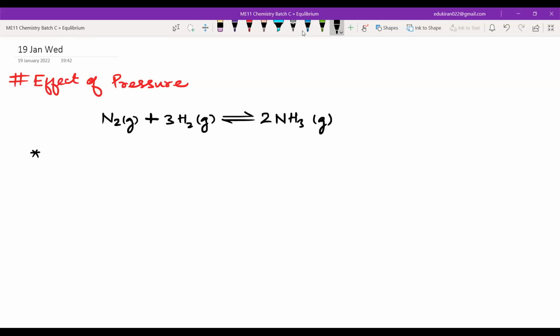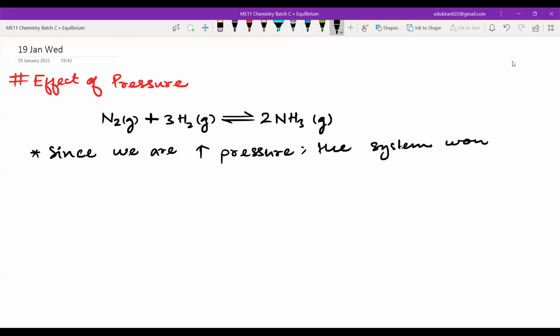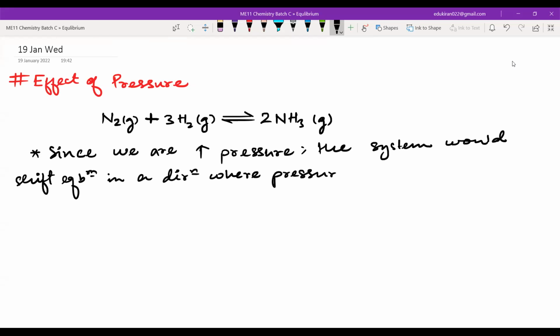So since we are increasing the pressure, the system would shift equilibrium in a direction where pressure is lowered. Okay, fine.